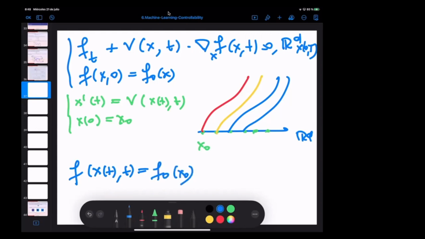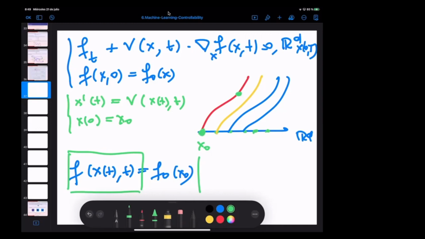Why is that? Well, it's very simple. Take the time derivative of this quantity. So this quantity is the value of f, the solution of this problem in x, t at time t. My claim is the value of f at this point in time t is going to be the value of f0 at x0 at time 0. Why?